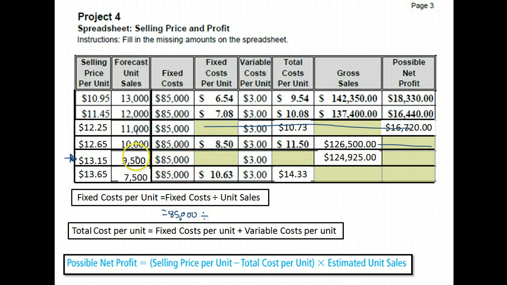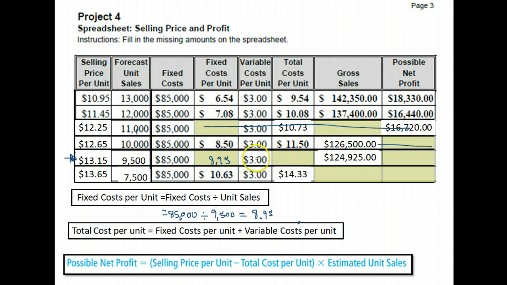How many are they planning on selling? It says 9,500. Okay, when we do that, we get $8.95. So I would enter that right here in this cell.